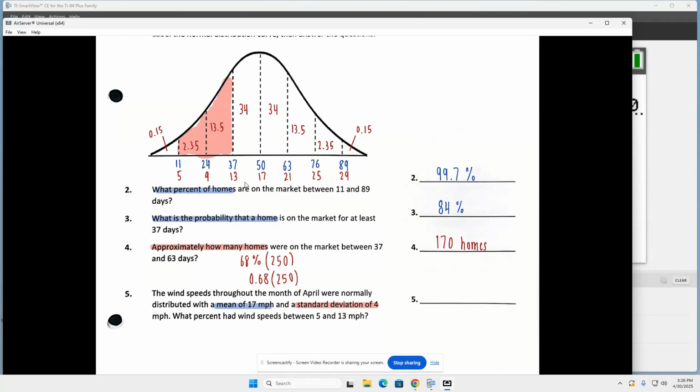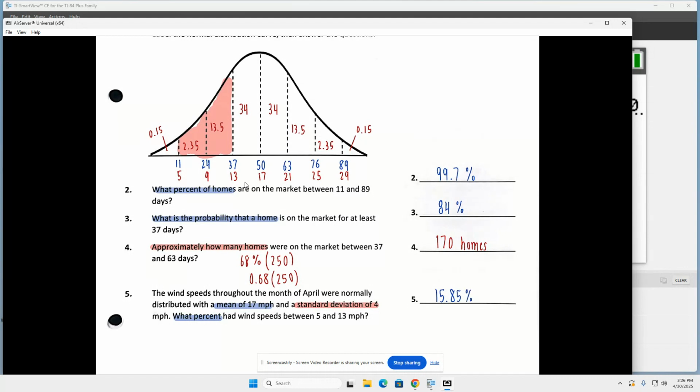Now, it says what percent. So this one is more like number 2 and number 3. All we have to do is add up those percents. So 13.5 plus 2.35 gives me an accumulated percent of 15.85%. Now, I don't want you rounding.